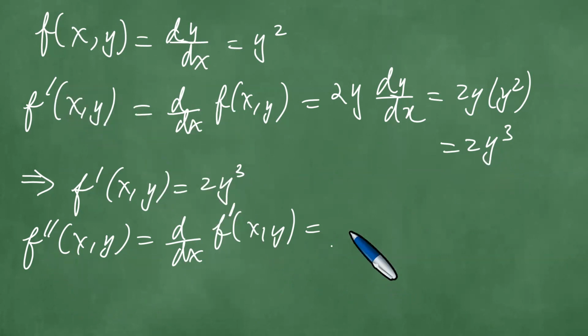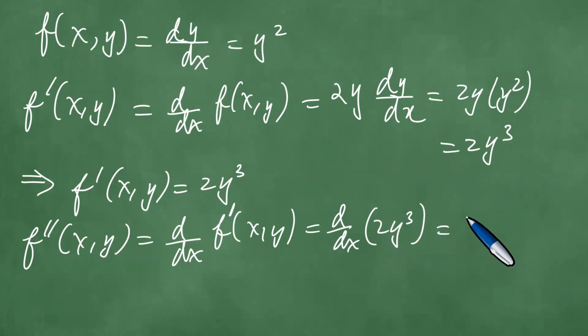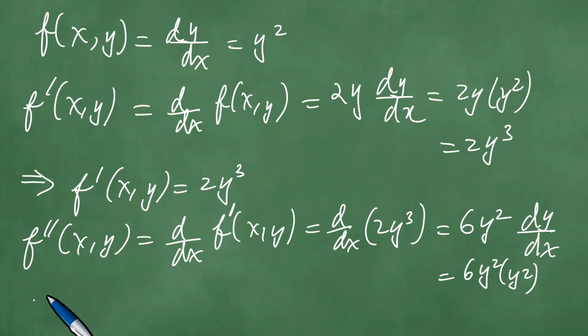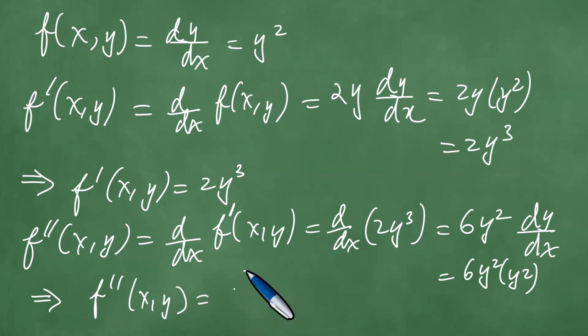The derivative of the first one is d/dx of 2y cubed, which is 6y squared, but because it's d/dx, you must add the extra dy/dx. What is dy/dx? dy/dx is y squared. So you can write this down here, 6y squared times y squared, which is equal to 6y to the fourth power. So f double prime of (x,y) is the same as 6y to the fourth power. Okay, so we've got the second derivative.